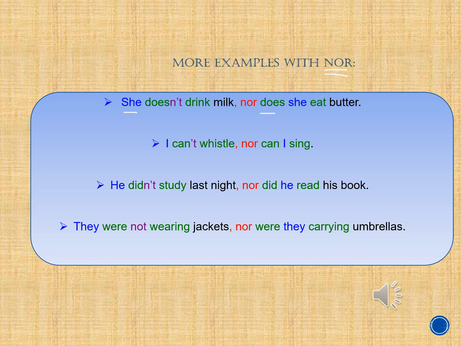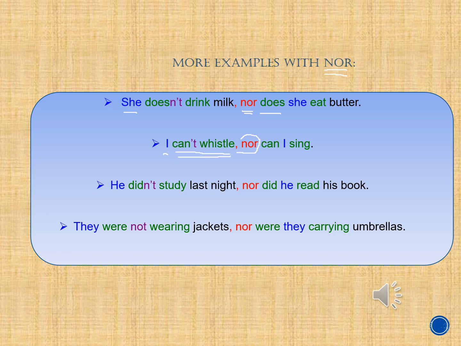It's the same as the one that I had before. The second one is, I can't whistle. If you don't know what whistle is, stop here, go to the dictionary and take a look at what a whistle is. Nor can I sing.